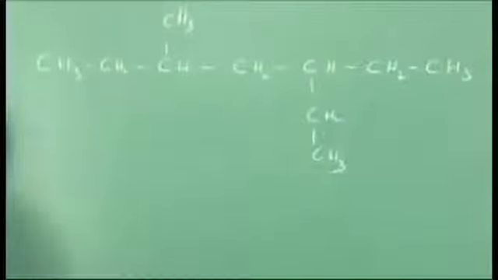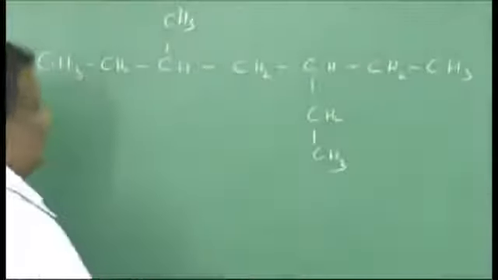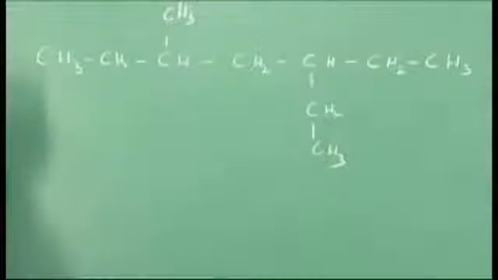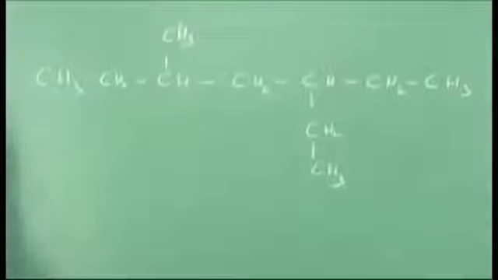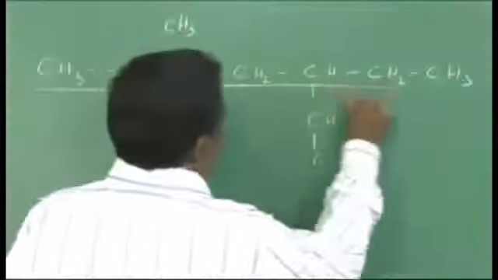Here in this compound, 1, 2, 3, 4, 5, 6, 7 carbon atoms are there. So, anyhow there are 7 carbon atoms, the maximum number. So, you can take any direction, this one as the main chain.